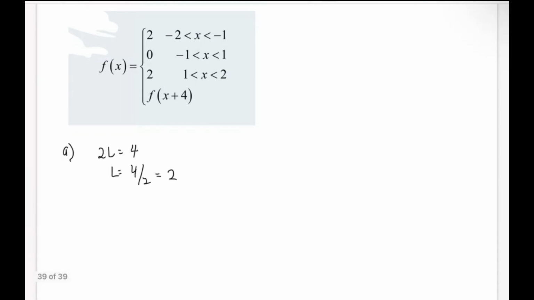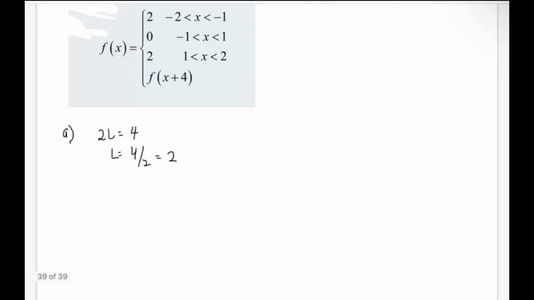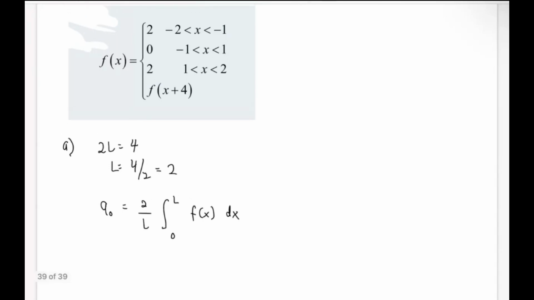So find the value of a naught. A naught is given as 2 over L, integration from 0 to L of f(x) dx.